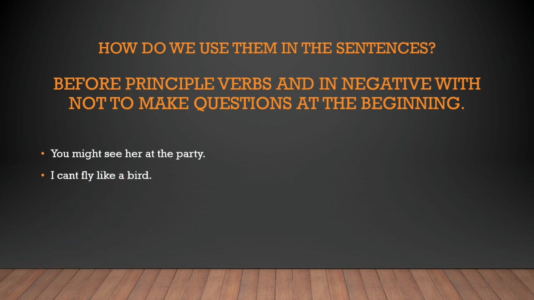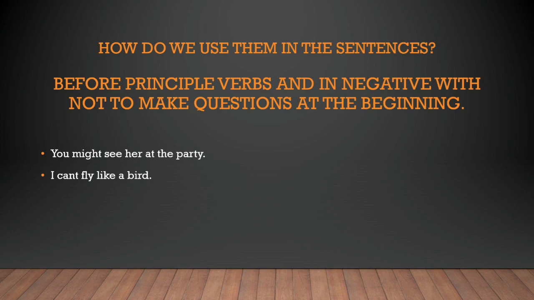Second sentence, I can't fly like a bird. Third, can is a modal here to express ability, but I am not able, I am not capable to express this absence of ability.